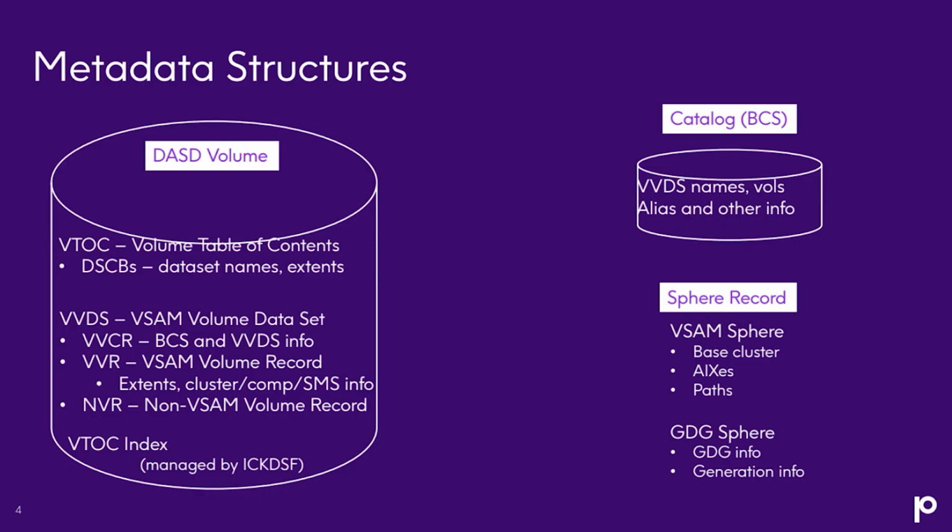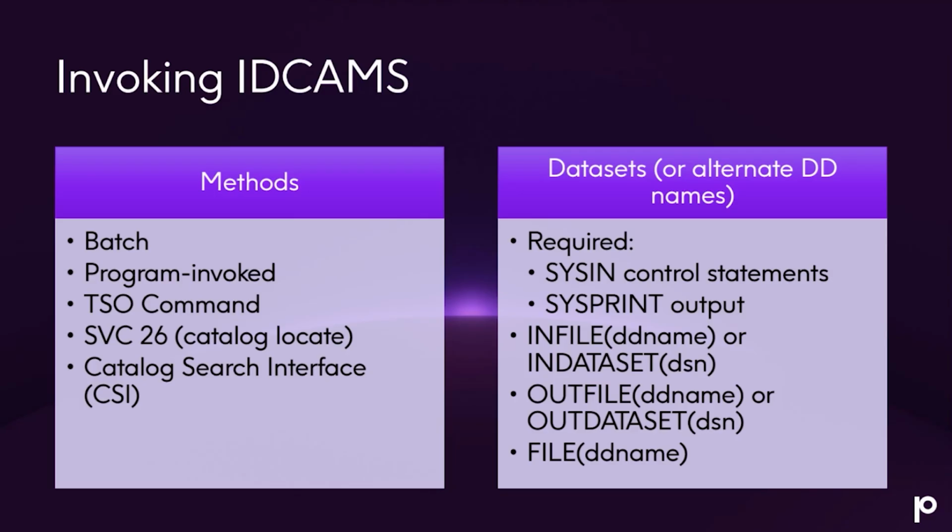We're going to update the VSAM volume data set, the VVDS, and the catalog itself. So we have these metadata structures that allow us to know what's on the volume and allow us to keep track of what the data sets look like. And the way we access and alter the data and the metadata is with IDCAMS.